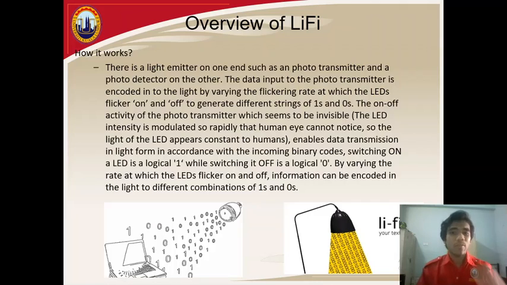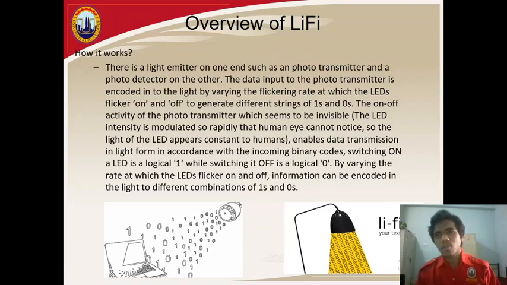I'm going to recap what is Wi-Fi. We know that when we talk about communication, we need a medium, and the medium that we're using for Wi-Fi is light. For the input and the output, we can call them the transmitter and the receiver.